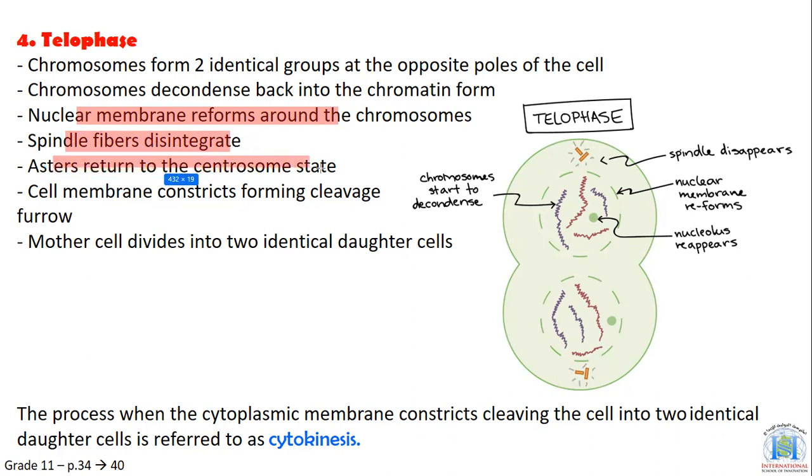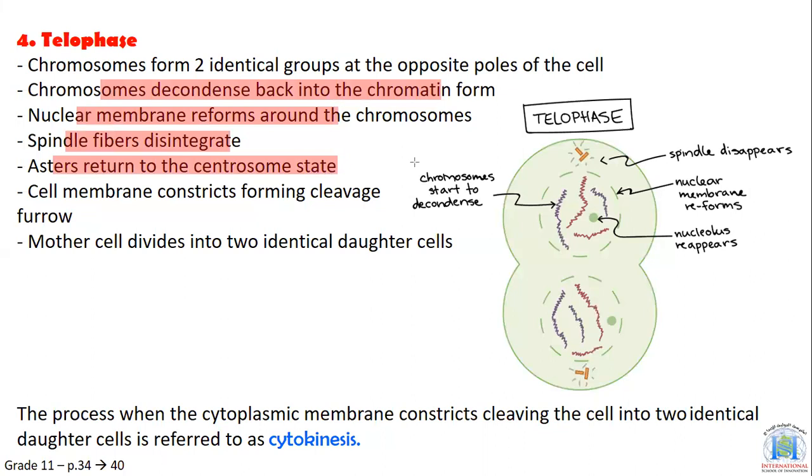Asters, they return to the centrosome state. They will come back to the centrosome state. Okay? Chromosomes, they decondense. So during prophase, the chromatin condenses and chromosomes become visible. Here the opposite. Chromosomes decondense.